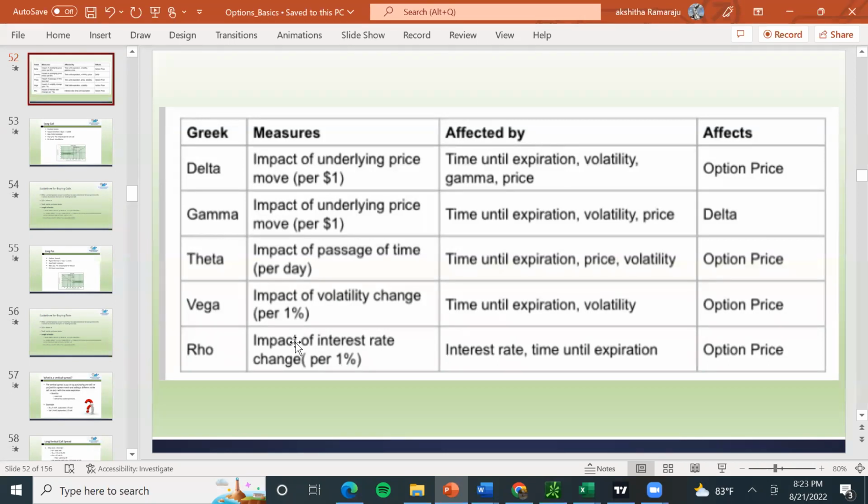Everybody made huge money in 2020, 2021, because the direction was purely one side, bullish or bearish. But in 2022, especially from January until nearly the middle of July, the market is so choppy. You never know what will happen.